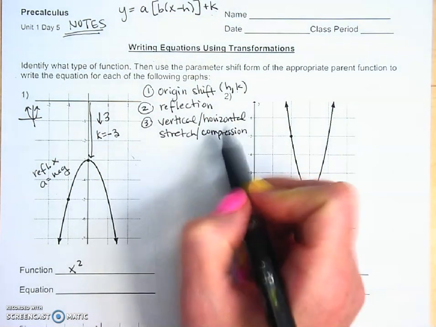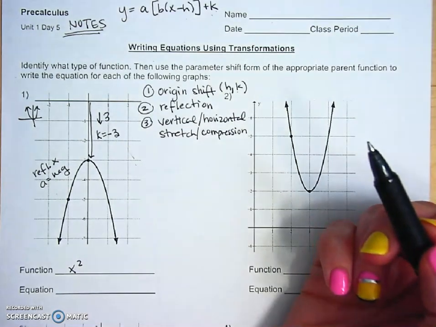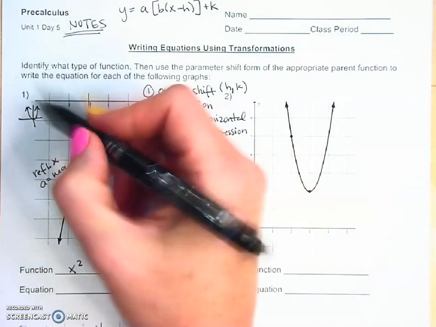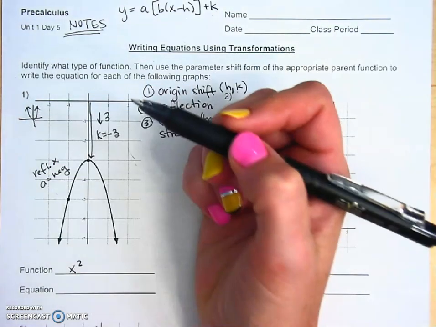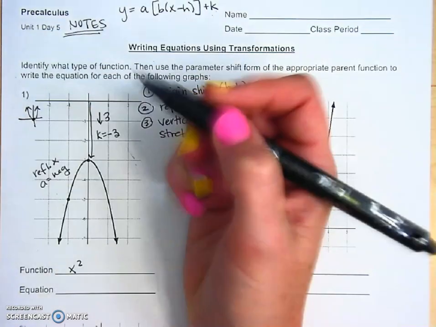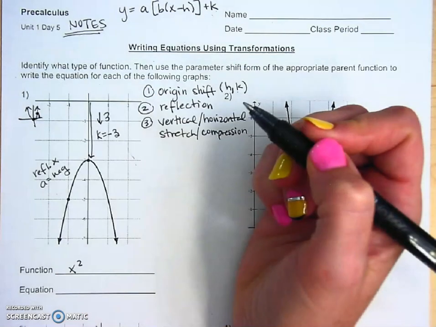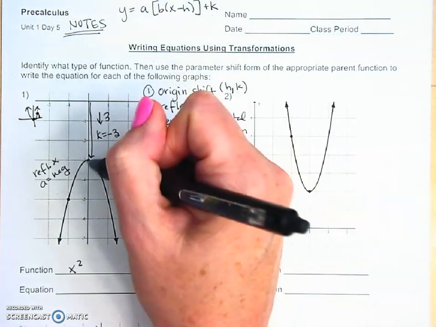And then I'm looking for a vertical or horizontal stretch or compression, and here's how I am going to do that. On the original shape, if there's no stretch or compression, starting at the origin, I should be able to do a counting pattern of over 1, up 1, and land on the graph. But here that doesn't happen.